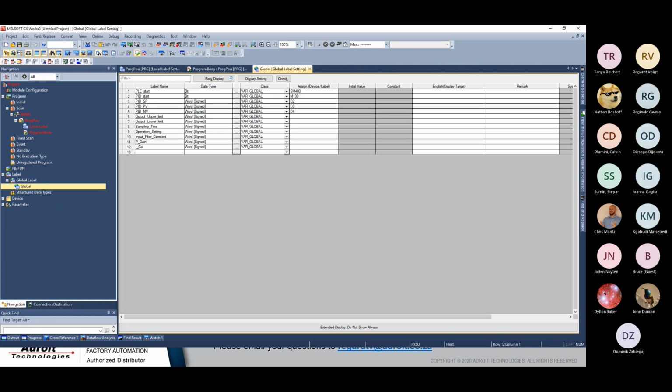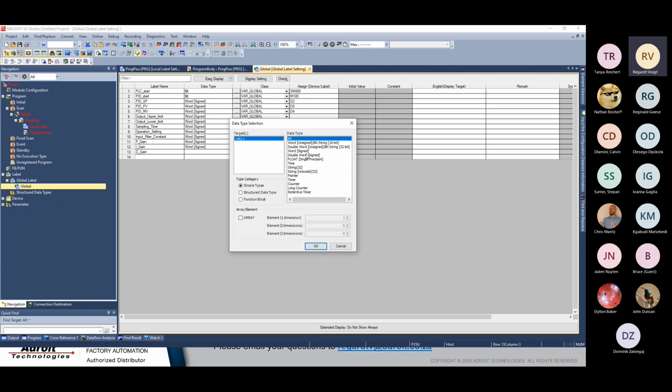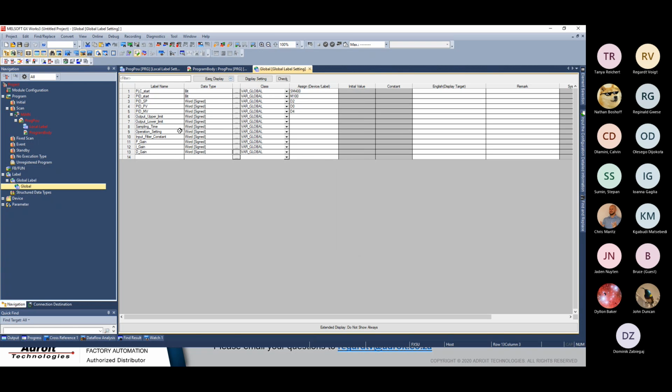Put your D gain, your derivative gain. Let's suppose that this system requires an aggressive reaction to errors, so I'm just going to include that as well. And then you've got your D time, the derivative time.